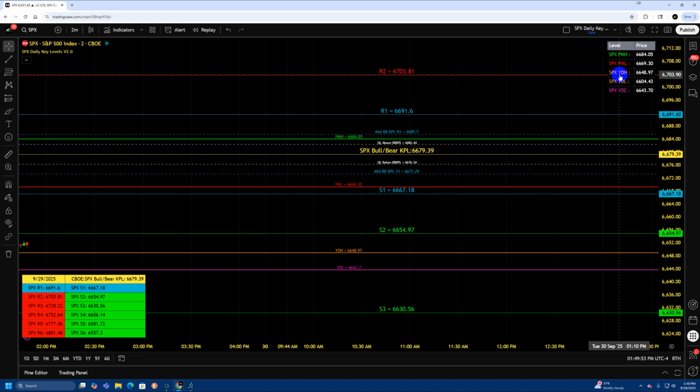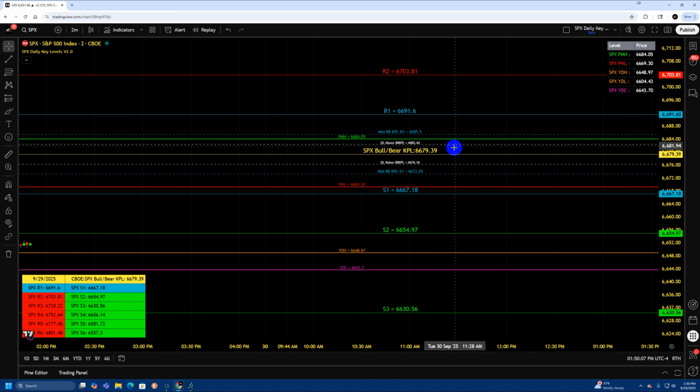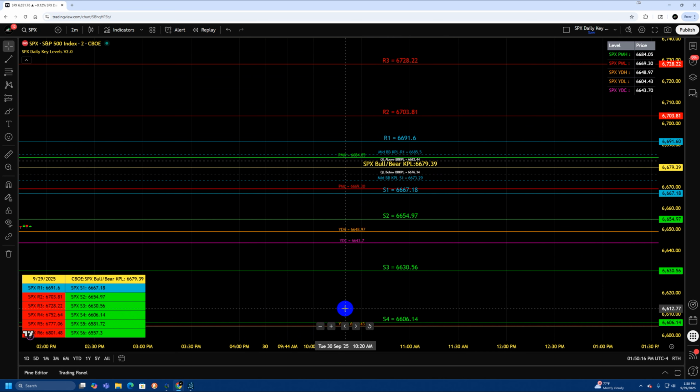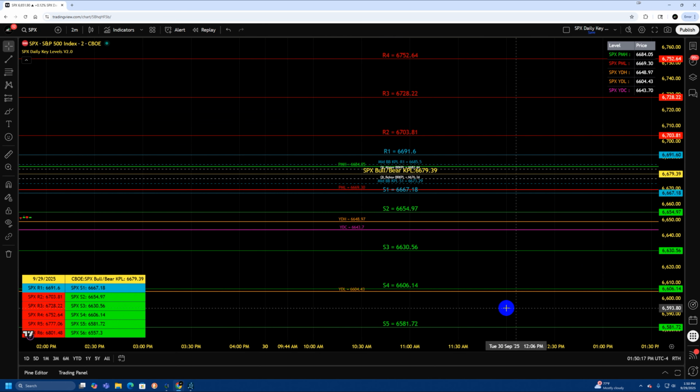So the previous days are YDH, YDL, and YDC: yesterday's high, yesterday's low, yesterday's close. PMH and PML are the current session's pre-market high and pre-market low. So pre-market high, pre-market low, YDH, YDC, and as we move down, here's the low from the previous RTH session.